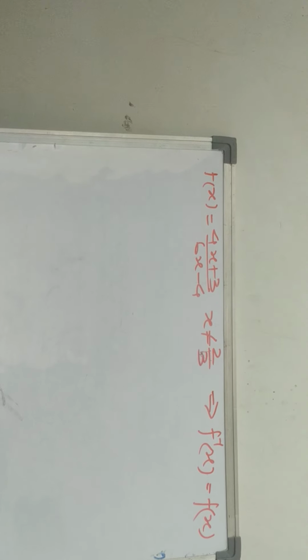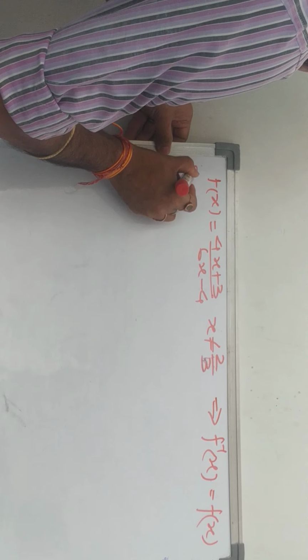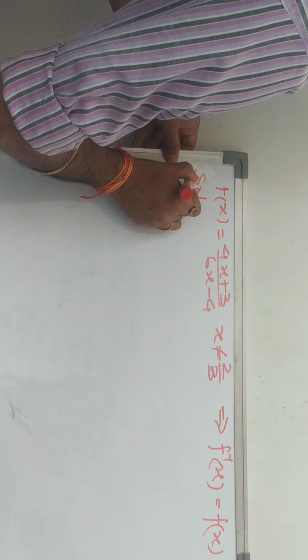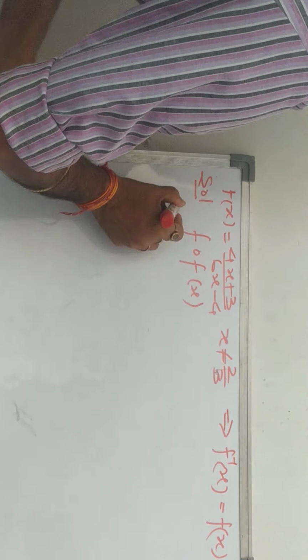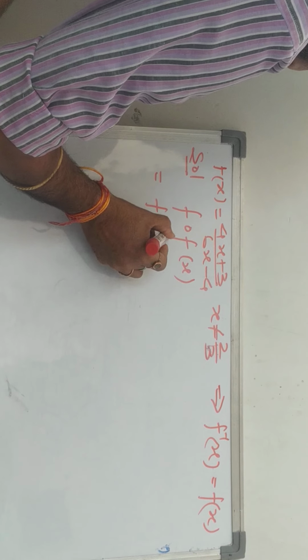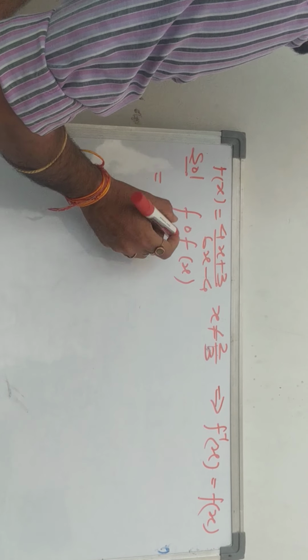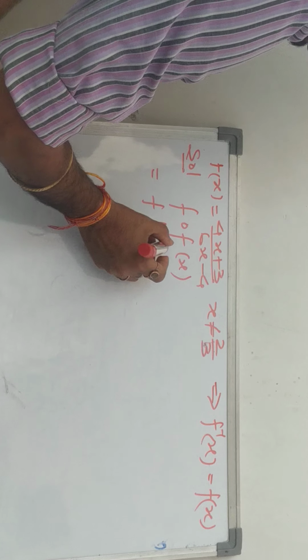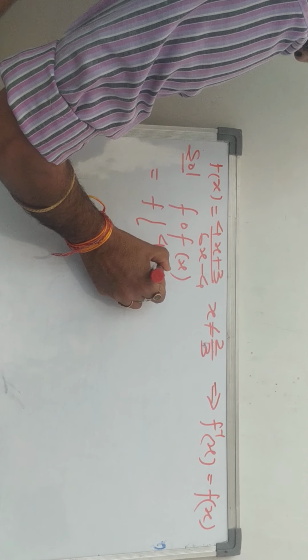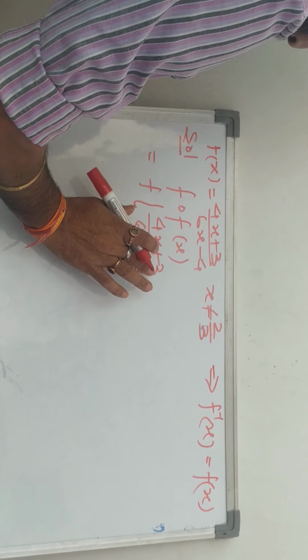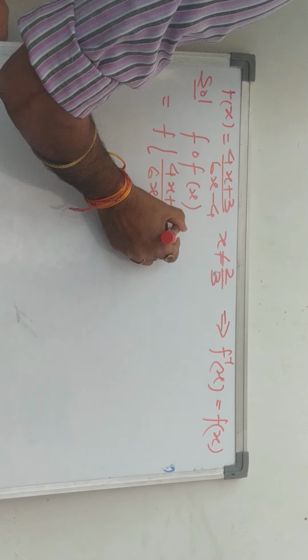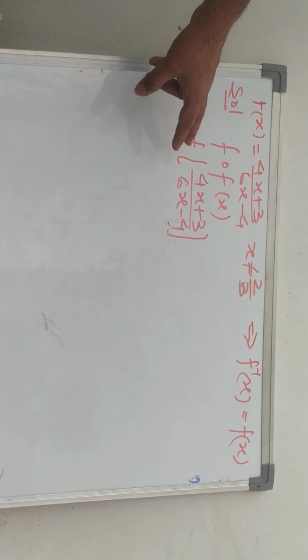To prove that, we have to find f of f(x). To find f of f(x), we put the value of f(x), 4x plus 3 upon 6x minus 4, in the function in place of x.